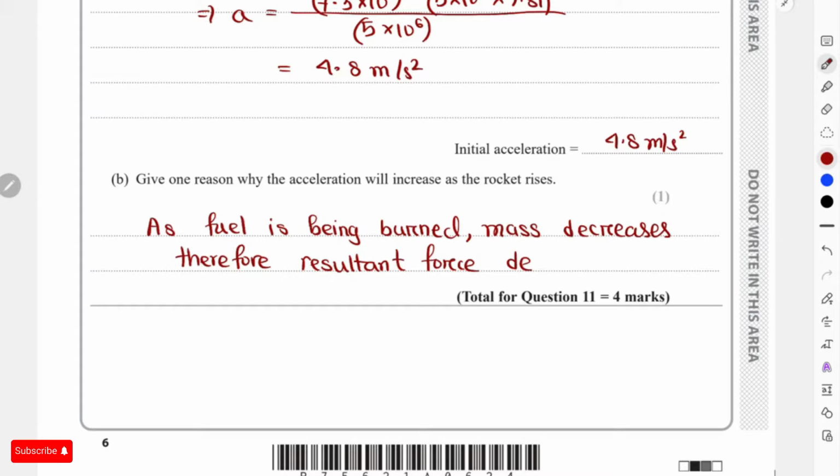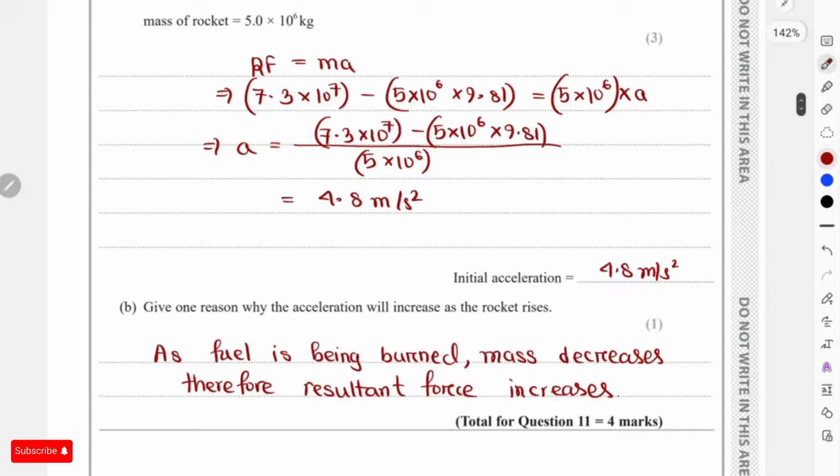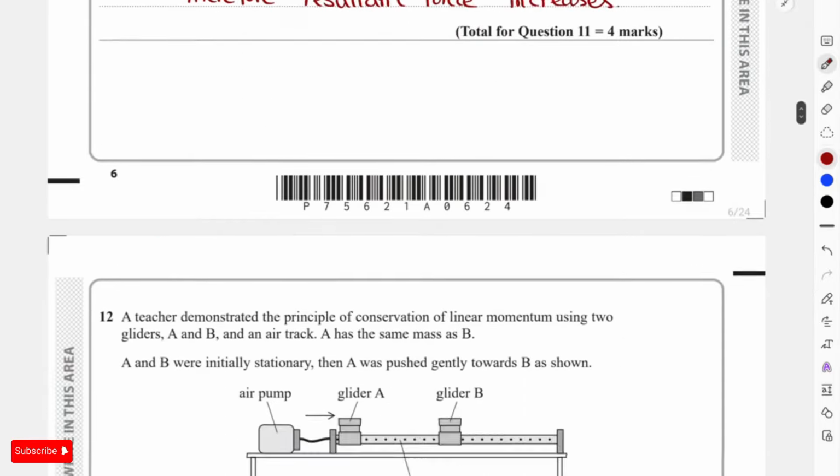So resultant force increases, which causes the object to increase its acceleration. But we'll not write till then because it's just 1 mark. So this is all the explanation for your question 11. We'll move on to question 12.